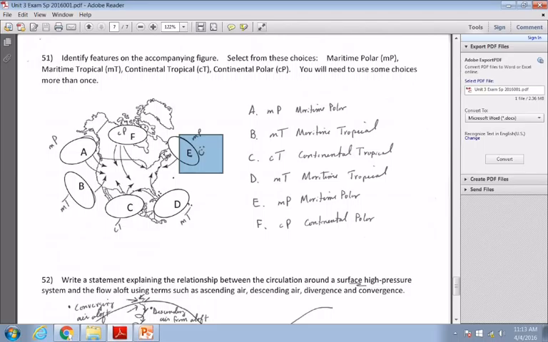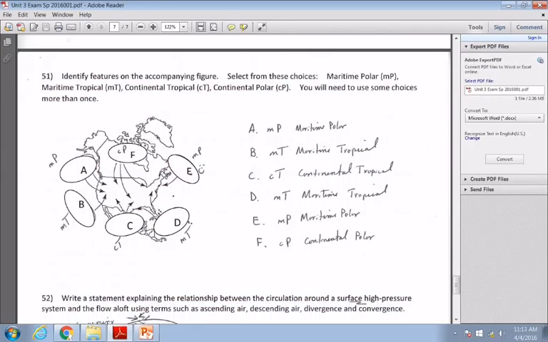This one, notice that it has to be the summer, and actually this was a homework question, because only in the summer do you get that dry continental tropical air. Now, if you missed this one and thought this source region was a maritime tropical, and that's the only one you missed, you still got 3 out of 3 points. If you got half right, you got 2 out of 3. That sort of thing.